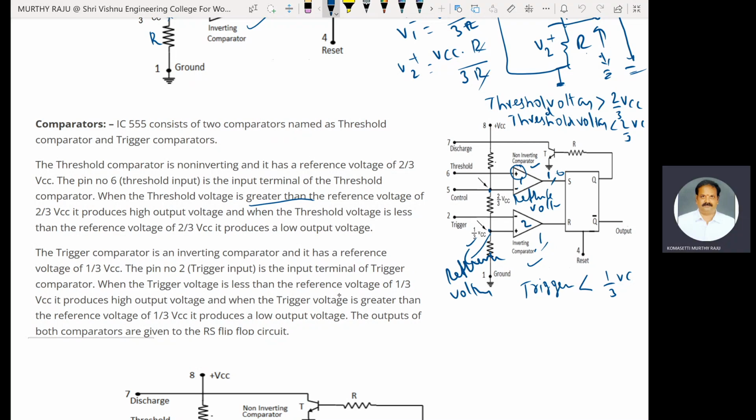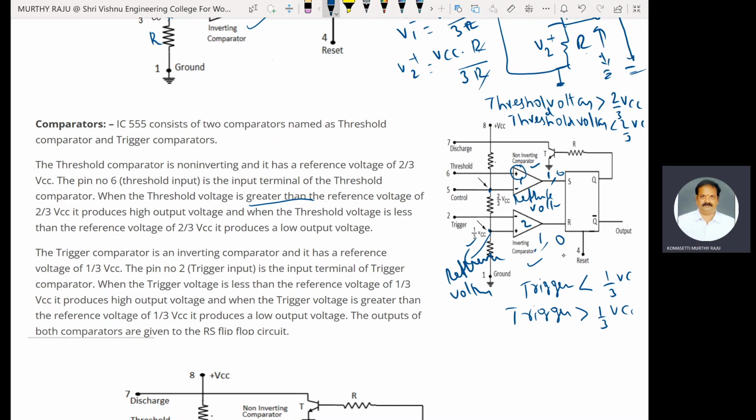When the trigger voltage is less than the reference voltage, it produces high output voltage. When the trigger voltage is greater than 1/3 VCC, that is the reference voltage, it produces low output voltage.